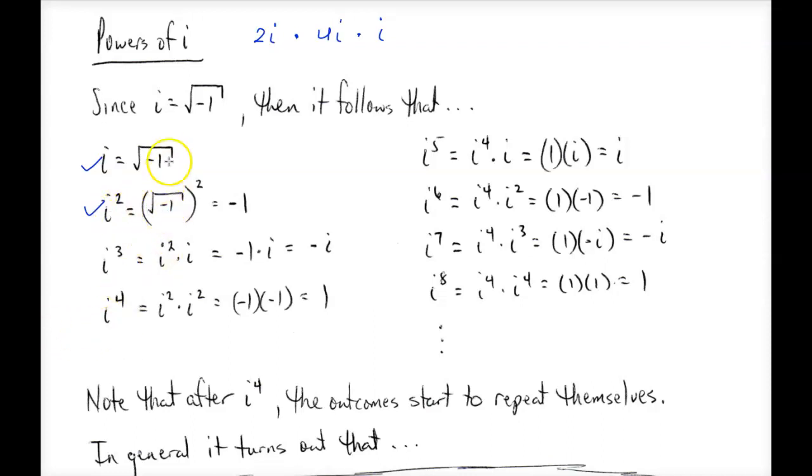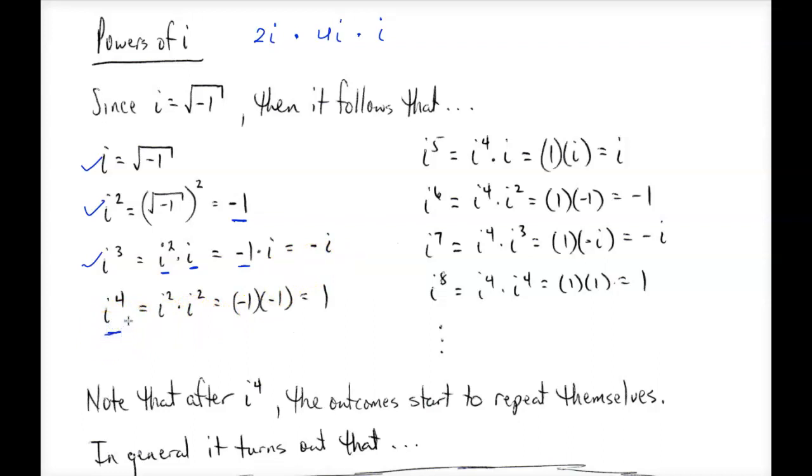And i squared would just be undoing the square root that's on the -1, so that ends up being -1. But whenever we multiply it times 3, i cubed is like i squared times i. And we already know that i squared is -1. So we're just multiplying that times i, and we get -i as a result.